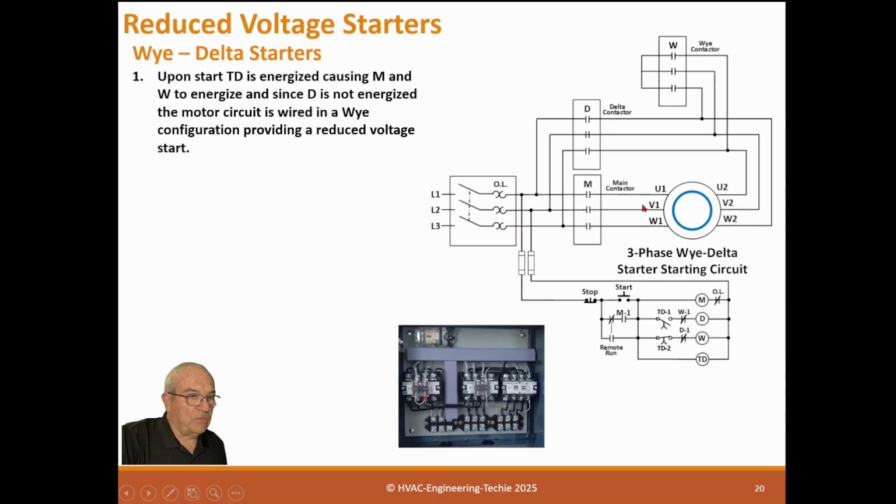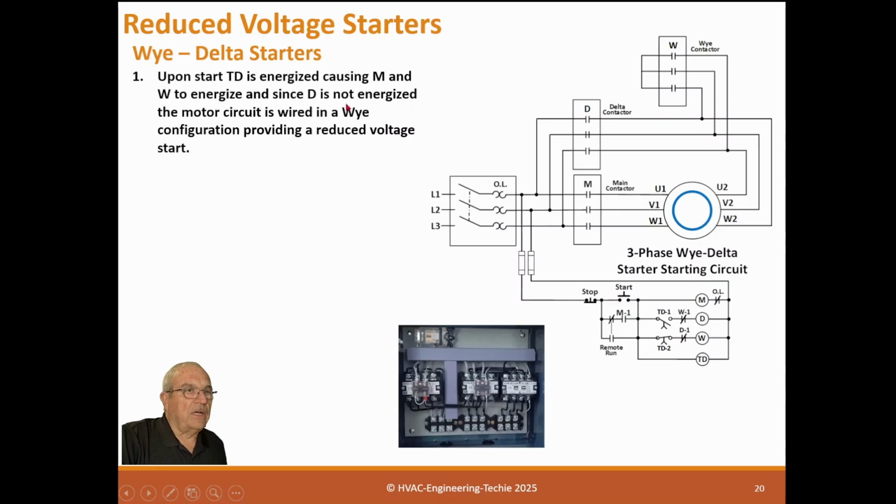So we've got 6 wires to this motor. And this wiring allows us to rewire the field coils in different configurations. So the first thing, when we go to start the motor, we push this start button down, and it energizes the time delay relay, and it energizes M.